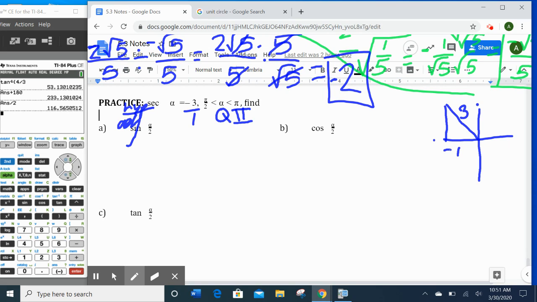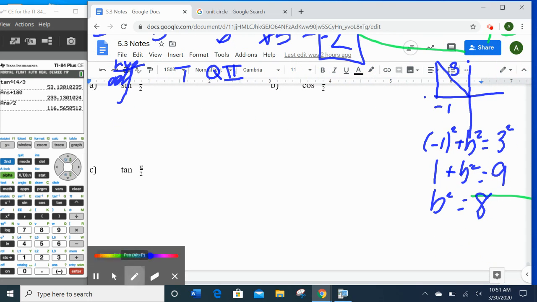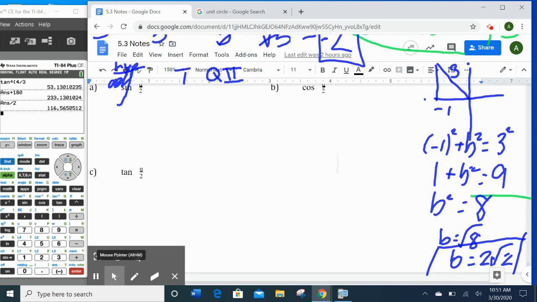So I'm taking negative 1 squared plus b squared equals 3 squared. So 1 plus b squared equals 9. B squared equals 8. And then when I take the square root of 8, b is the square root of 8, which ends up being 2 root 2 when you simplify the radical. So this opposite side is 2 root 2.